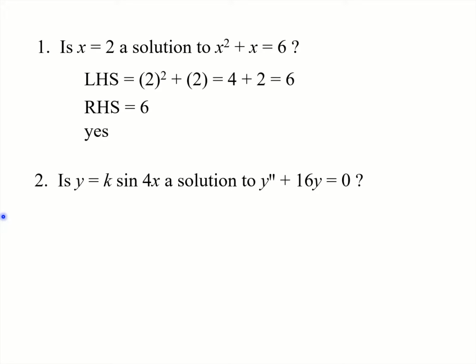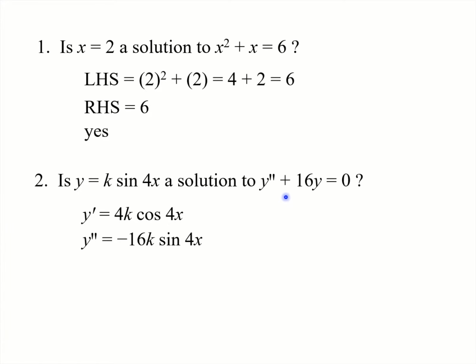When you take the derivative, you get y prime equals 4 times k cosine 4x. A little chain rule there. The second derivative is negative 16k sine 4x. Now we're ready to plug things into the left-hand side.